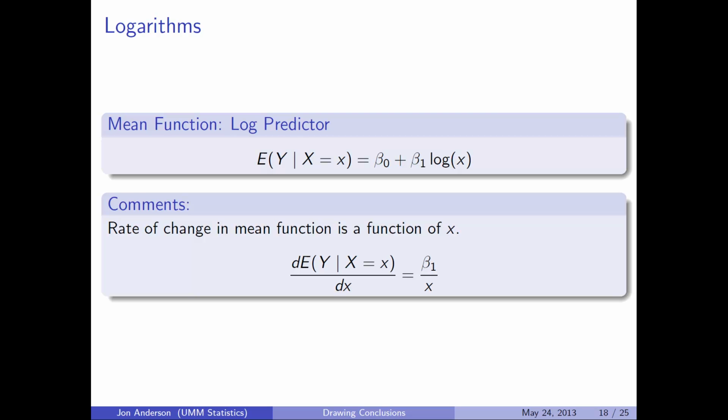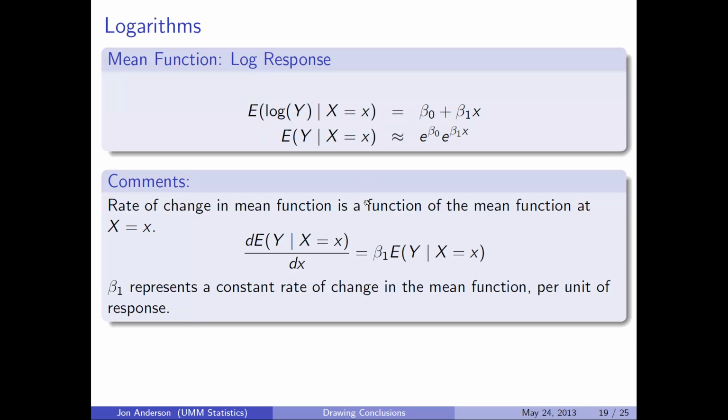Well, if you change x, how does the mean function change? Well, the mean function changes in a complicated way. It changes as a function of the value of x. So for certain values of x, the mean function changes more than it does for others. And that's an important thing to know about the behavior of the log function.